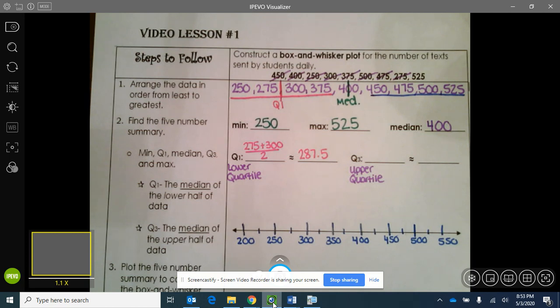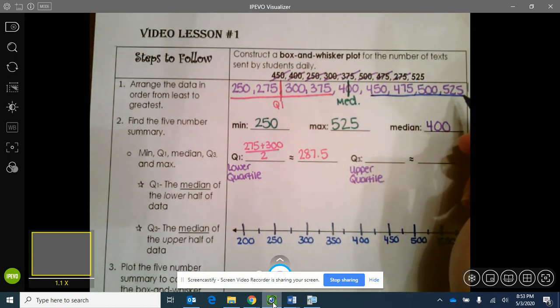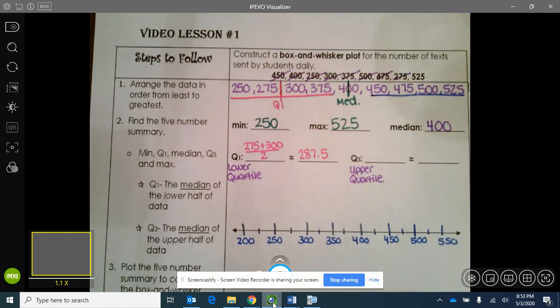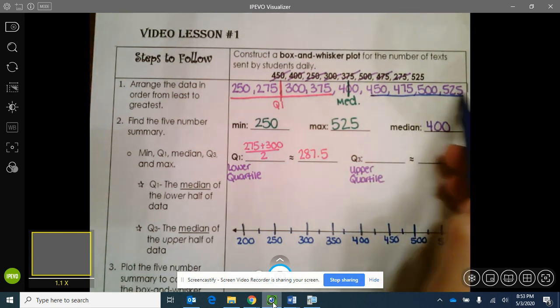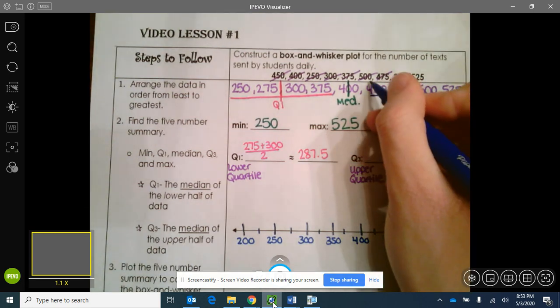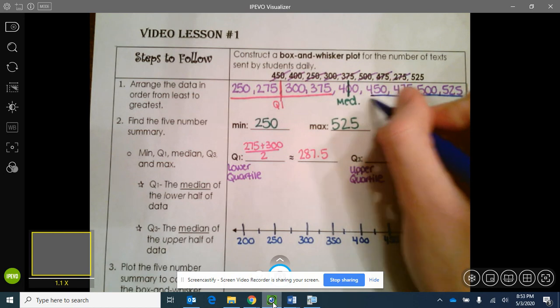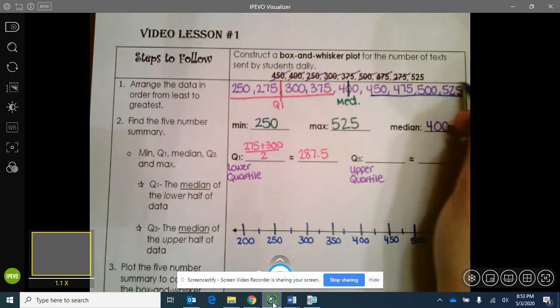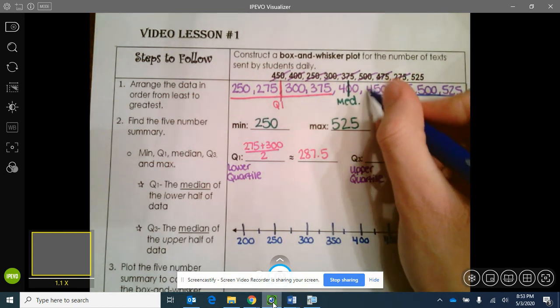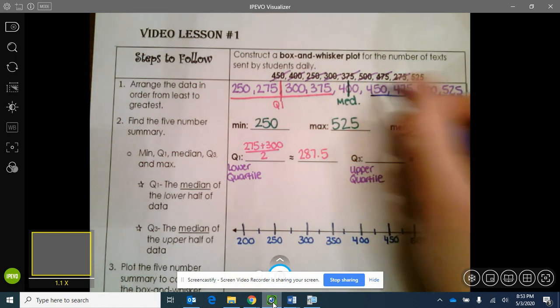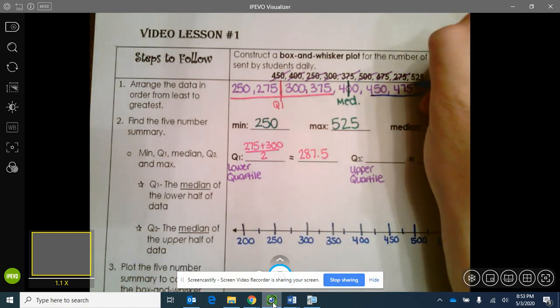All right, now let's switch gears. Let's look at the upper half of our data. My upper half of my data consists of these 4 data values. So once again, if I was finding the median of these 4 data values, to find my Q3, you want to find the median of the 4 data values that are the upper half of the data. My median would be right here.